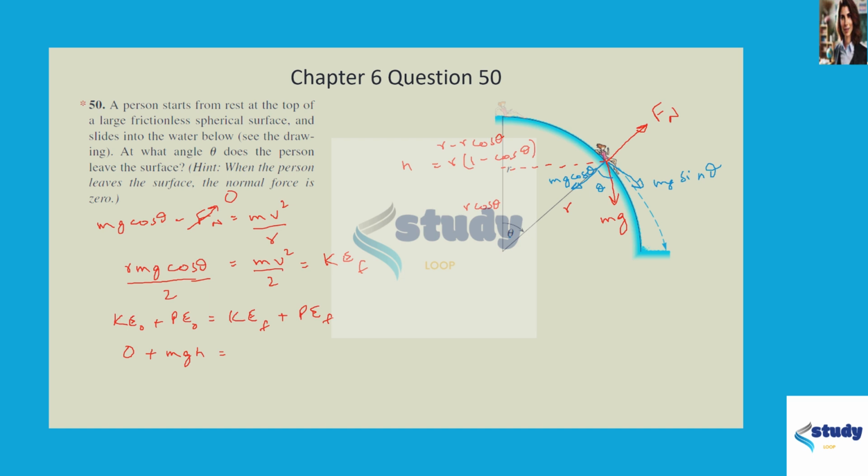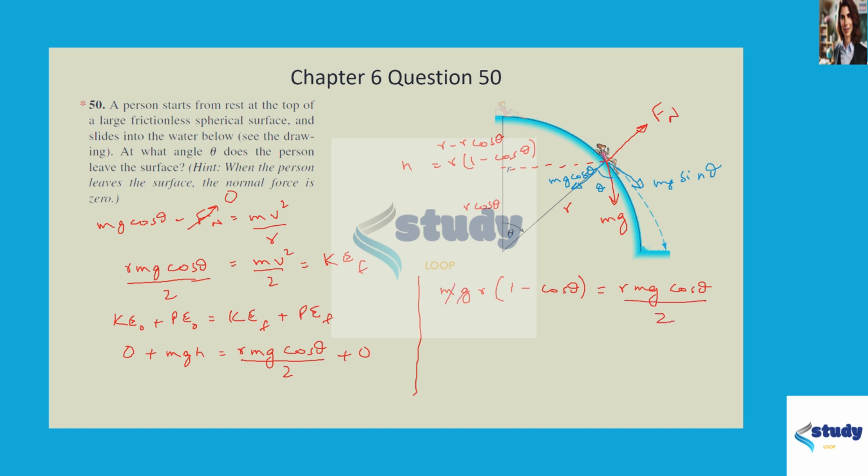The kinetic energy final we just figured is 1/2 mv squared, which is equal to r mg cosine of theta over 2. We can take the final potential energy to be equal to 0 because that's the lowest point in our consideration. So to rewrite this equation, we have mg times r times 1 minus cosine of theta is equal to r times mg cosine of theta over 2.